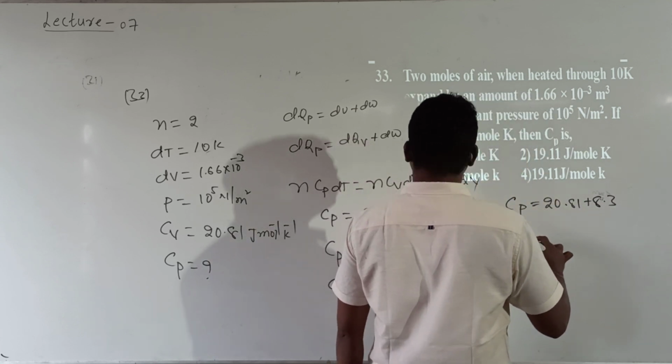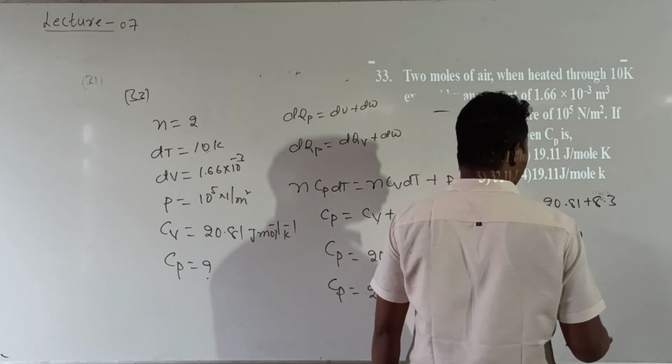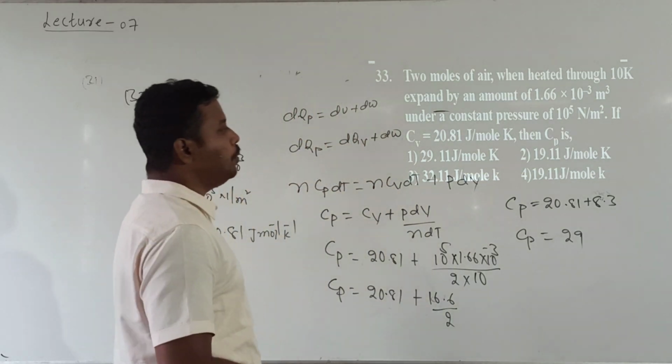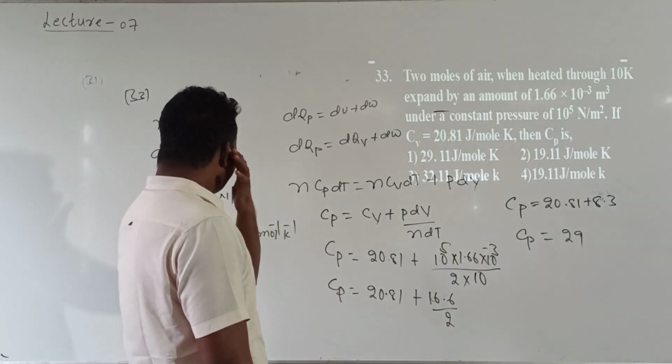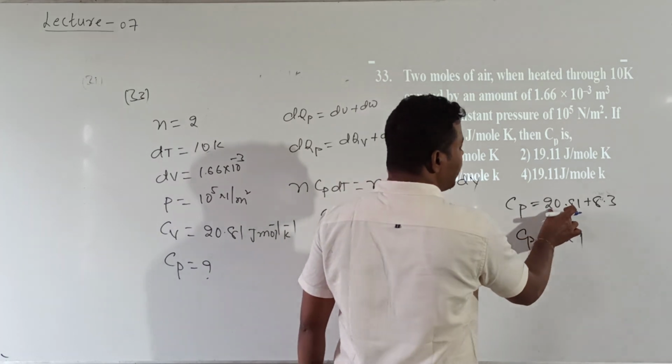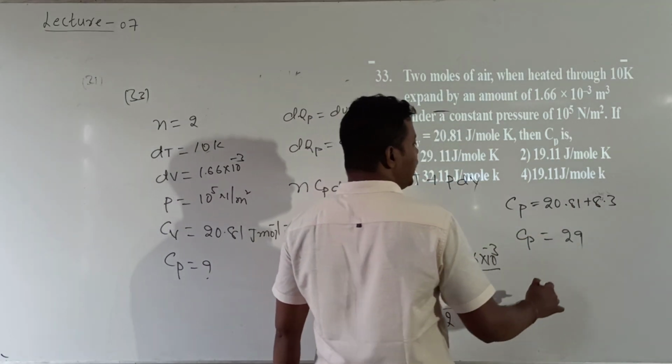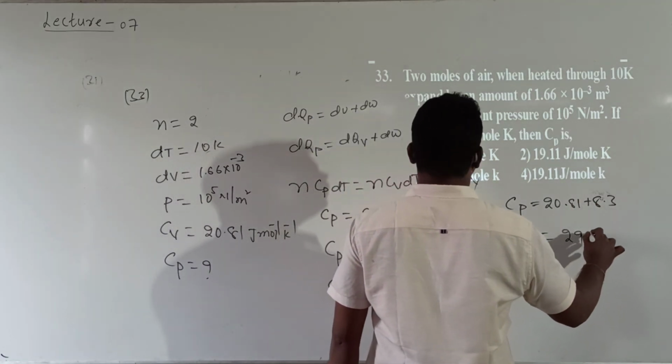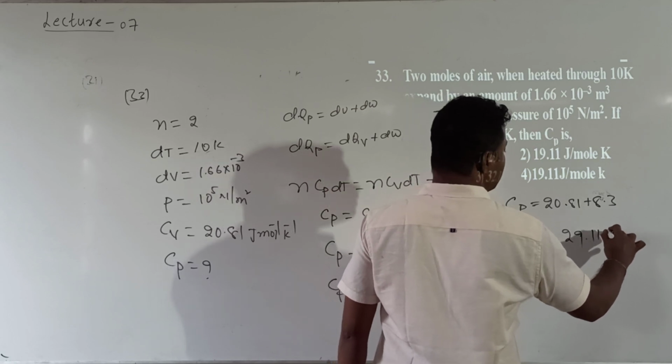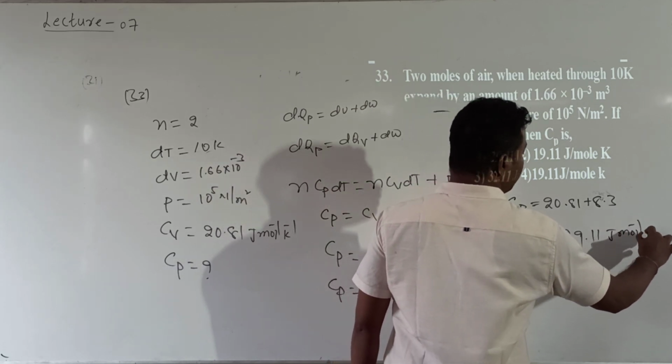So totally after adding, I will get approximately 29. So 20.8, 21, this is 8, so what I will get is 29.11 joule mole inverse Kelvin inverse.